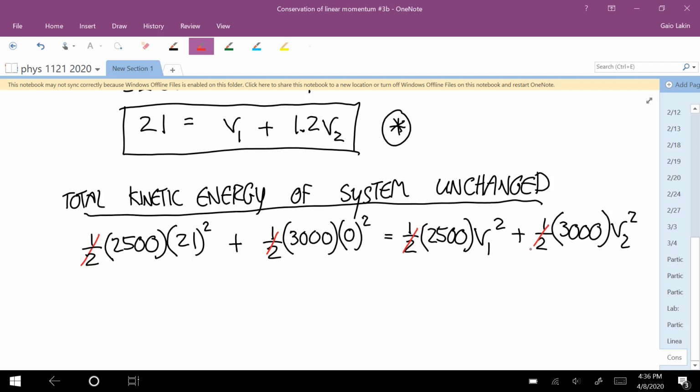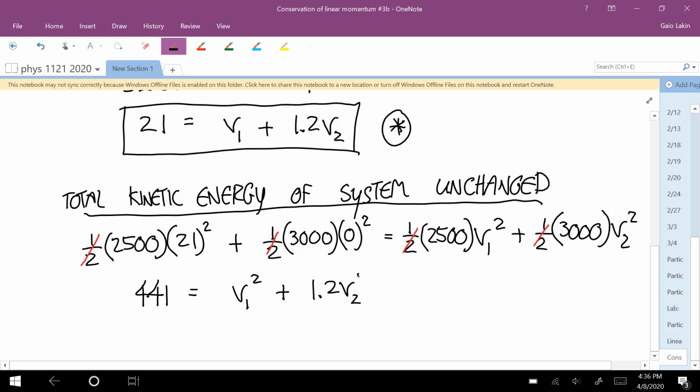So we have 441 is equal to V1 squared plus 1.2 V2 squared. And there's our second equation.